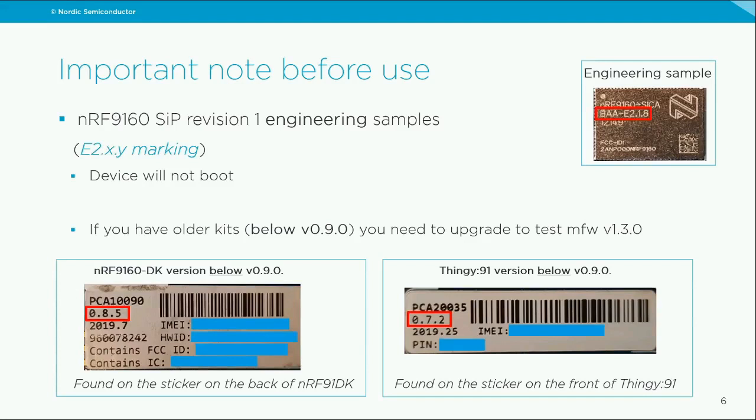That means if you have an older kit, either a development kit or a Thingy91 with the version below 0.9.0, you cannot run modem firmware 1.3.0. So then you need to upgrade if you want to test this new modem firmware. The version is found on the stickers, either on the back side of the DK or on the front side of the Thingy91. So both these figures here with the versions, they need to be updated.